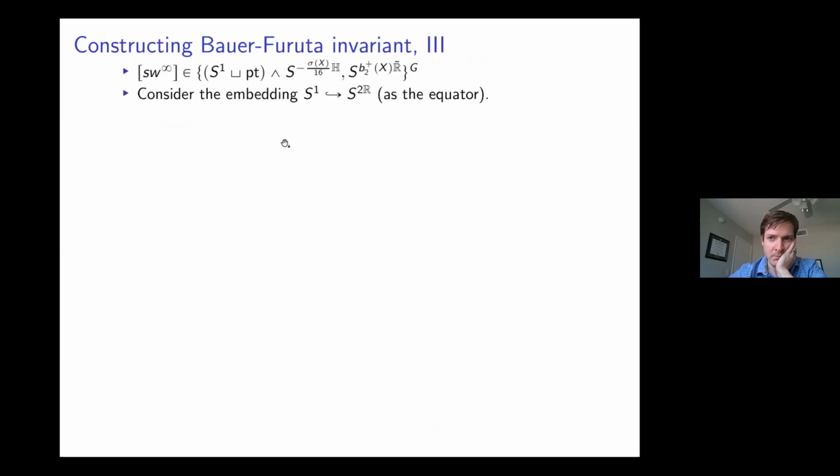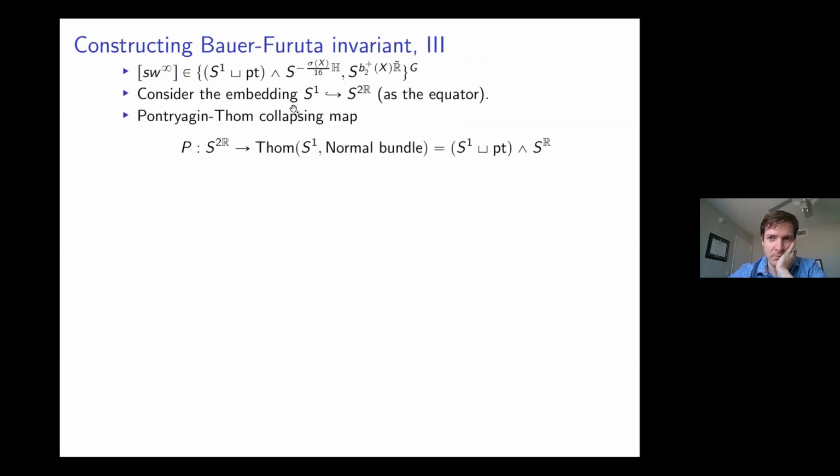In order to make it a sphere, we consider the embedding of S1 into this two-dimensional sphere as an equator. Whenever we have such an embedding of manifolds, there is the so-called Pontryagin-Thom collapse map that collapses everything outside a normal neighborhood of this embedding into a single point.